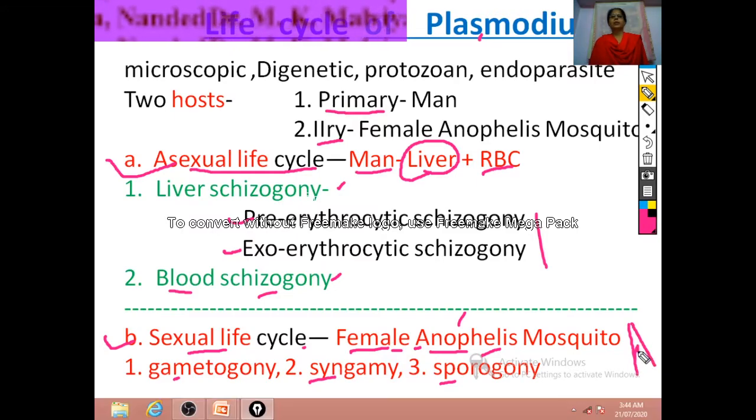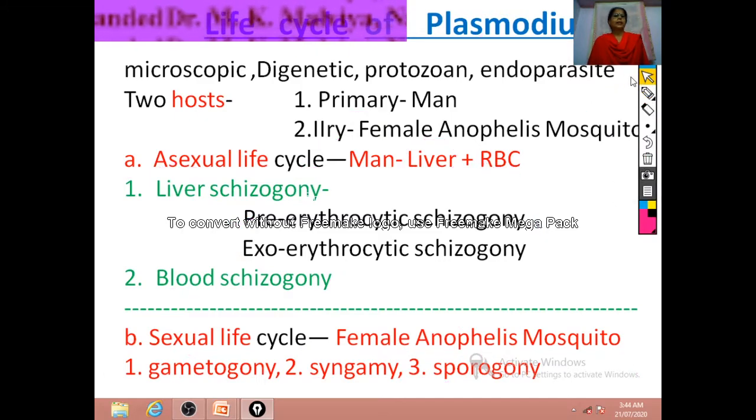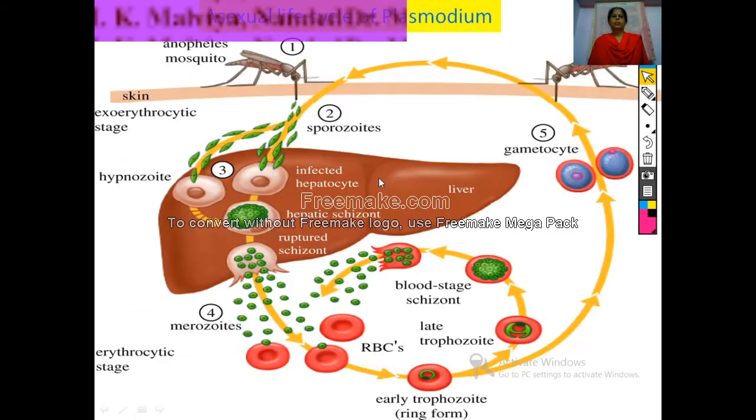Let us go to another slide, which shows how the life cycle of Plasmodium takes place here. These are the steps: first, second, third, fourth. And what happens in the asexual life cycle of the Plasmodium parasite?